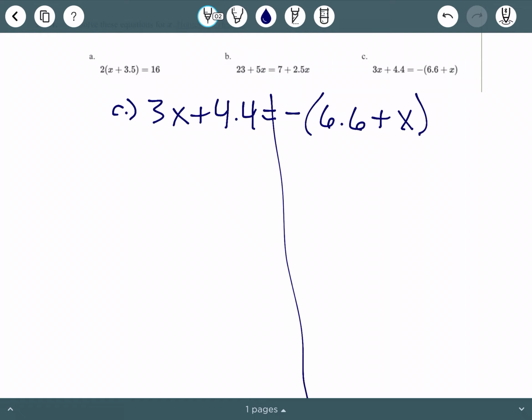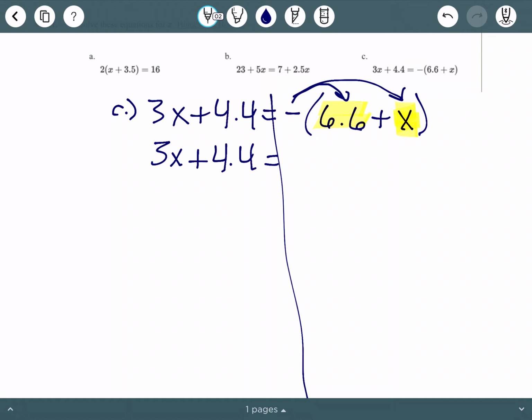What I want to do first is I have this negative outside of my parentheses. And like I mentioned earlier, even though there is not a 1 there, it is implied that it is a 1. So if you would like to write in a 1, you can definitely do that. That's fine. So that negative distributes to all of our terms, or in this case, our 2 terms inside of the parentheses.